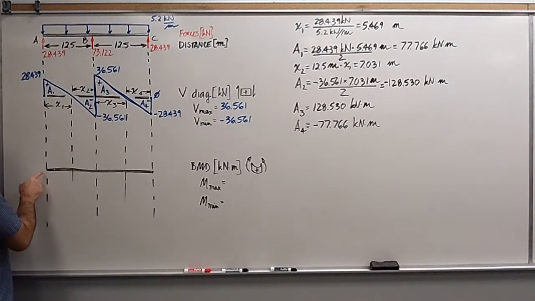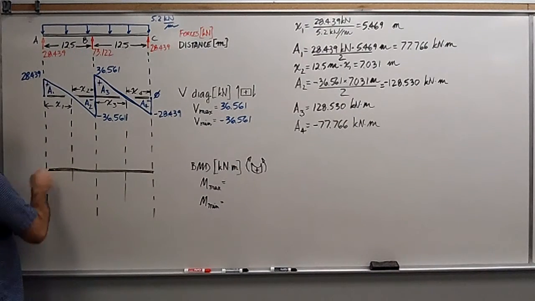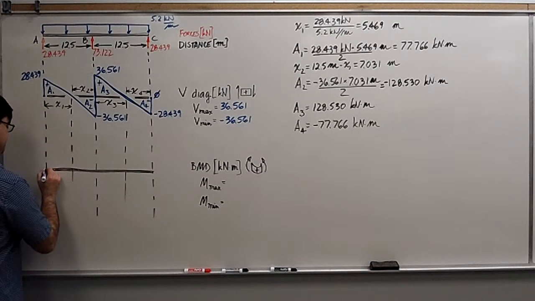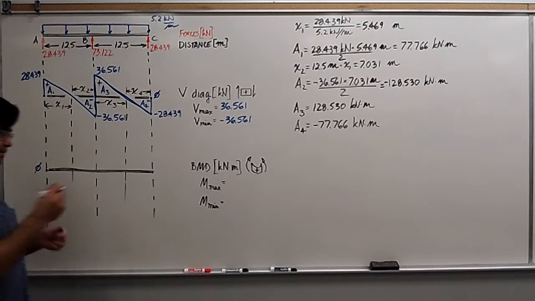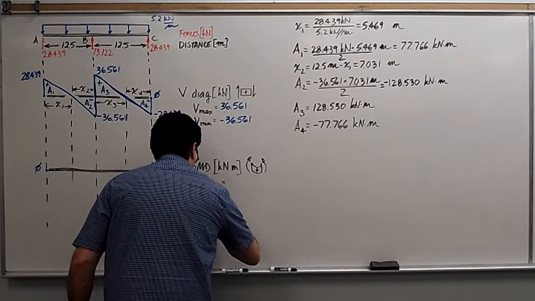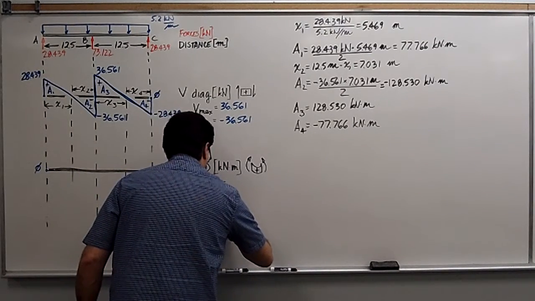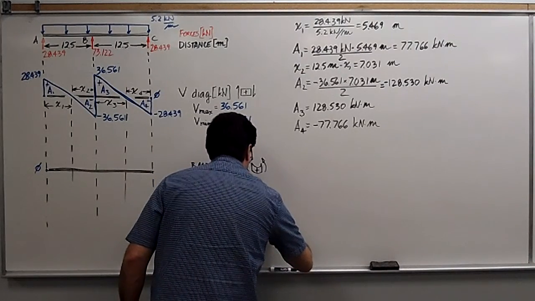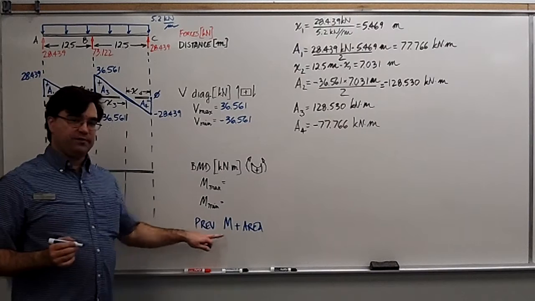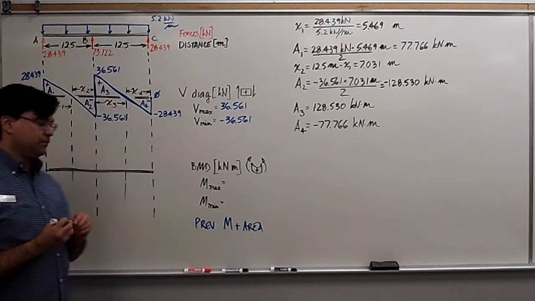We start from the leftmost, start at 0. Any moments here at A? No. So we can move to the next line. And remember, what is the algorithm? It's always previous moment plus area. Okay?